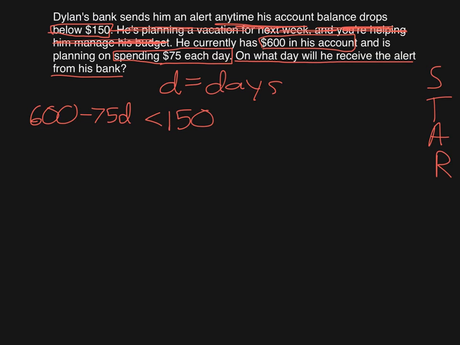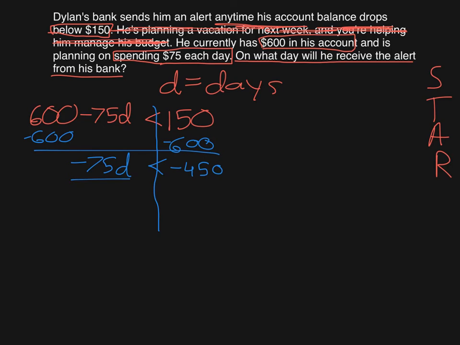All right, now we can go back to our original problem. We have this inequality that we wrote, 600 minus 75d is less than 150. We can do our steps to solve it, subtract 600 from both sides. That's going to give us negative 75d is less than negative 450.